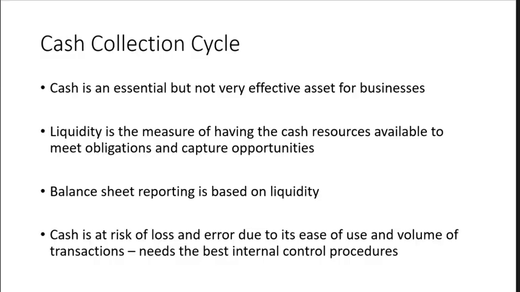And so what that all means is, because cash is important, it's a key asset, we don't want to lose it. But people are out to get it, perhaps dishonest folks, and errors sometimes easily happen. We need the best internal control procedures, like we talked about in chapter 4, internal controls and ways to oversee the handling of cash.